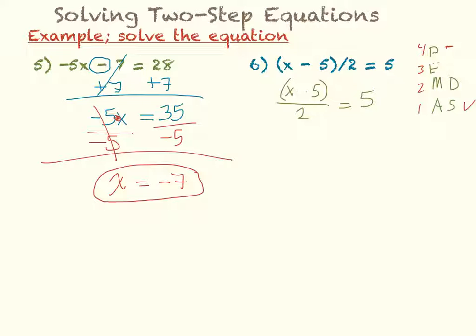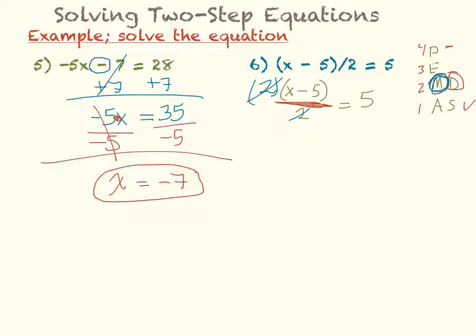The multiplication and division, we have x minus 5 divided by 2. All of it is divided by 2. So I'm going to start with the multiplication and division. And as of now, it is divided by, so to get rid of it, I need to multiply. So I'm going to multiply both sides by 2.